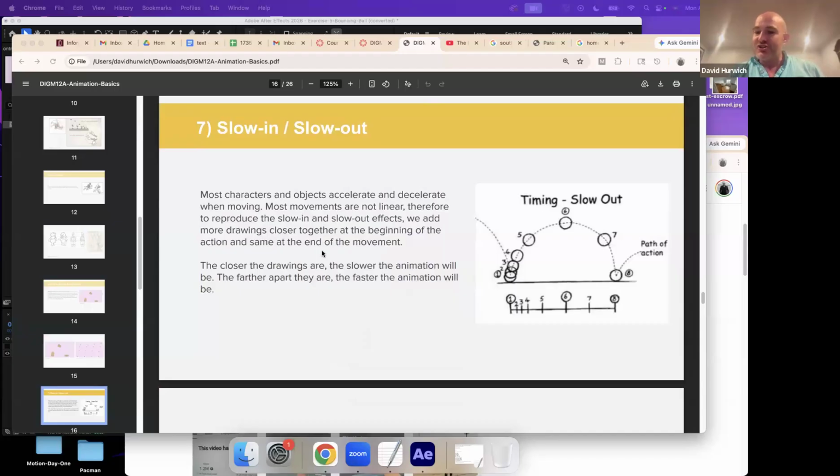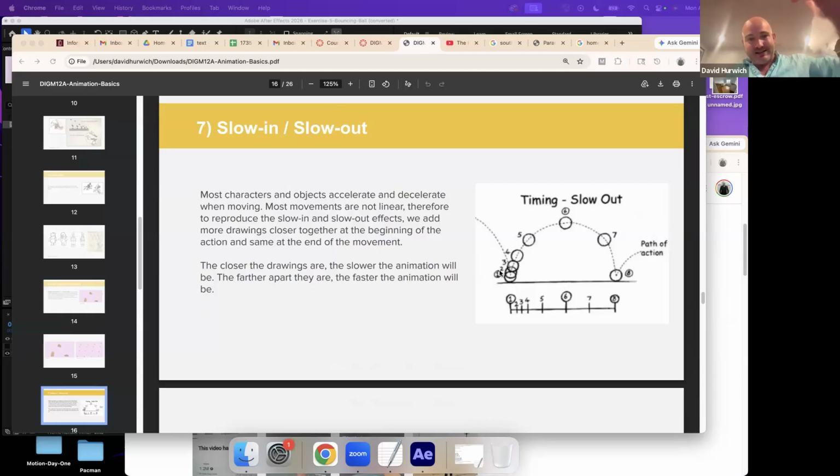Slow in, slow out. This actually is kind of what we were talking about in the last video, about how things really accelerate and decelerate. Slow in is when an object, if something was falling, starts slow and then speeds up.